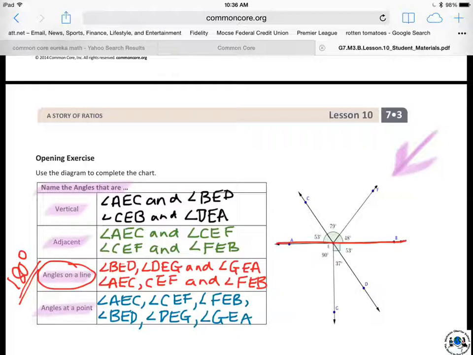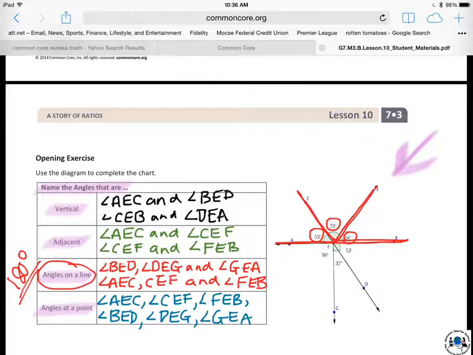So off of that line, we could have used AEC, and that's 53 degrees, and CEF, which was 79 degrees, and then FEB, which is 48 degrees. Now we can pretty much tell.